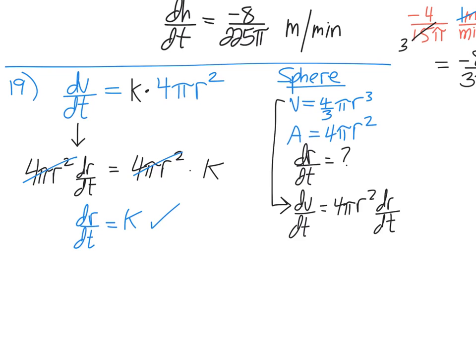Anything else from the homework? 21, hauling a dinghy? Yeah. In 21, we're hauling a dinghy. A dinghy is pulled toward a dock by a rope from the bow through a ring on the dock 6 feet above the bow, and that's all well and good.